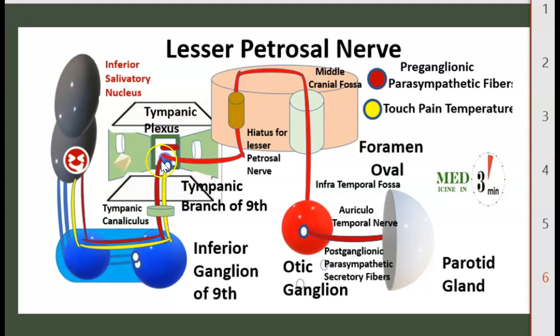But the lesser petrosal nerve starts from the tympanic plexus to go to the hiatus of the lesser petrosal nerve to jump into the middle cranial fossa and go inside the foramen ovale to go to the otic ganglion. From the otic ganglion, postganglionic fibers go to the parotid gland.